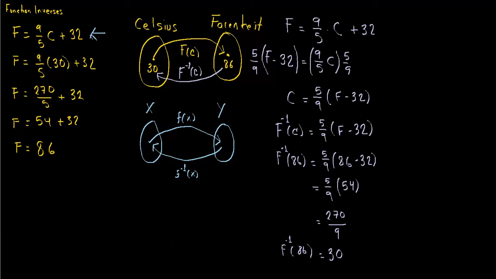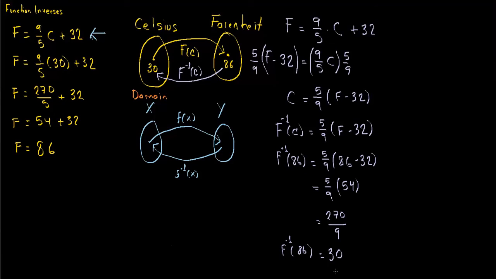Now, I want you to notice something. The data or the input you place in f of x, which is, in other words, the domain of f of x, is actually the output of the f inverse of x. You see what we just did here. From 30 degrees, applying f of x, we got 86 degrees, then we applied the inverse and got back to 30.